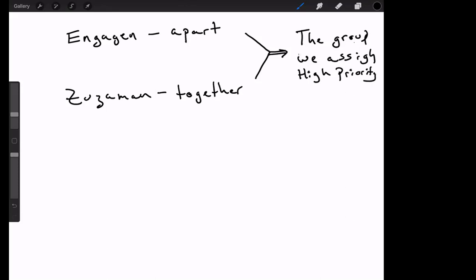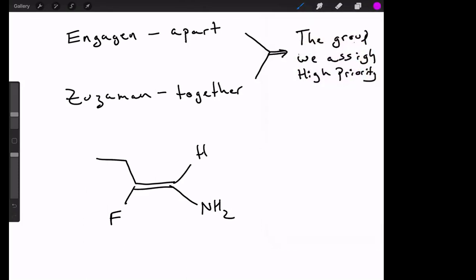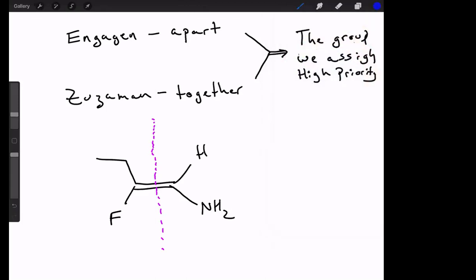We already have some experience assigning high priority groups. We're going to do it the same way we've done before, based on molar mass. What I mean by assigning high and low priority is that we take the double bond and split it in half. Based on this half and this half, I'm going to choose the high and low priority group on each half.